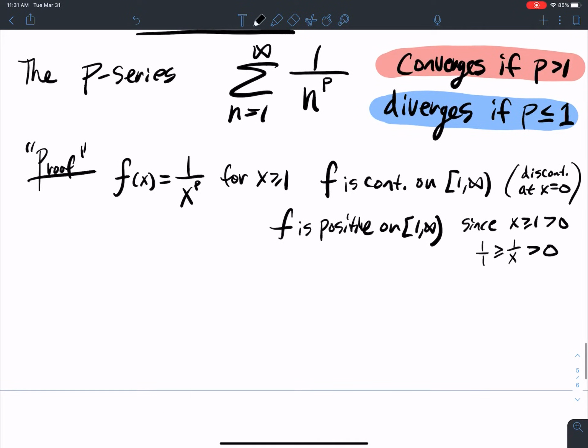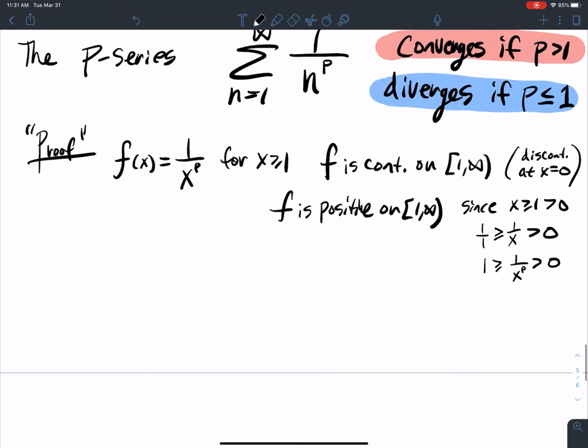Well, and then if I raise it to the p, then this is going to be 1 over x to the p, and that's still positive, right? Why does this work? If I take any numbers where a is less than or equal to b, like this, then the reciprocal of those numbers, I just flip it around, okay? Just like this.